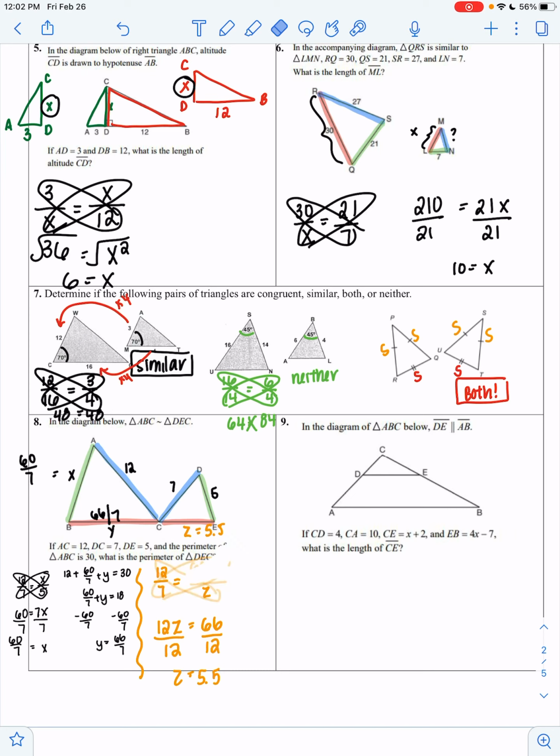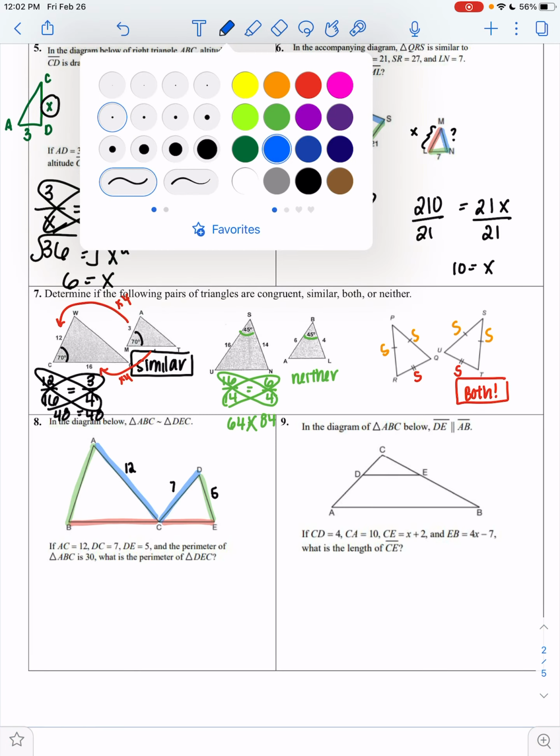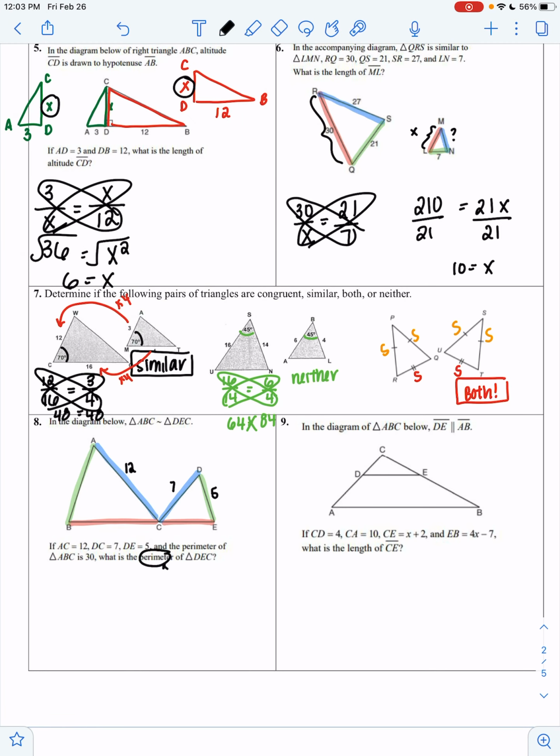The ratio of our sides has to be the same as the ratio of our perimeters. So let's go back and do it that way. The way I just did it was the more long-winded way, in case you don't remember this rule. But if you remember this rule, it makes the problem so much easier. The ratio of our sides has to be the same as the ratio of our perimeters.